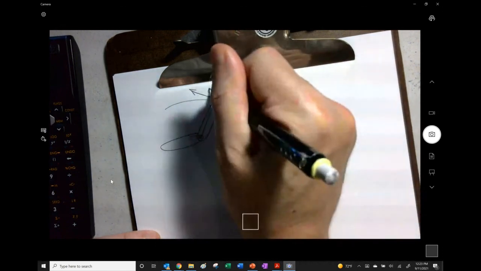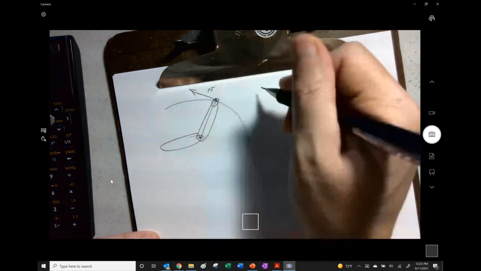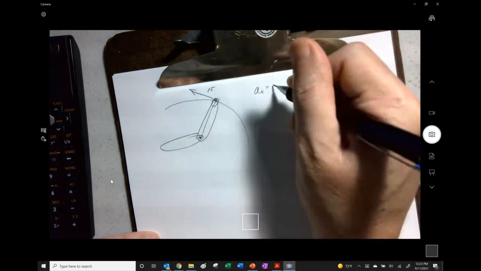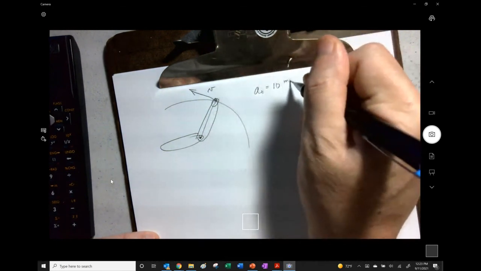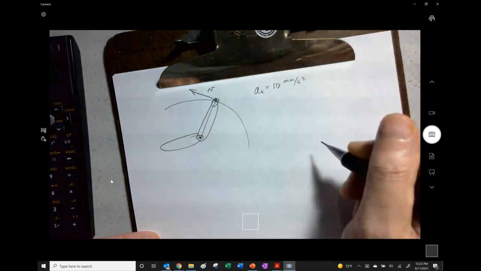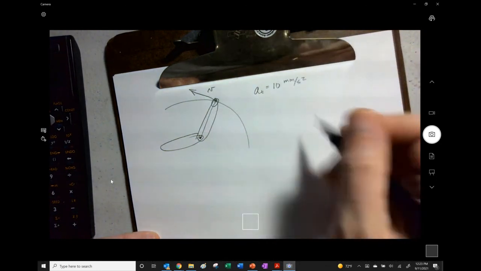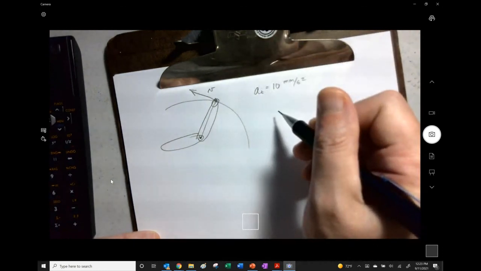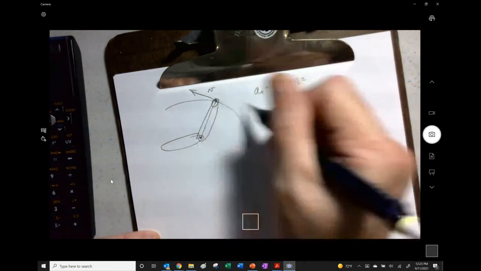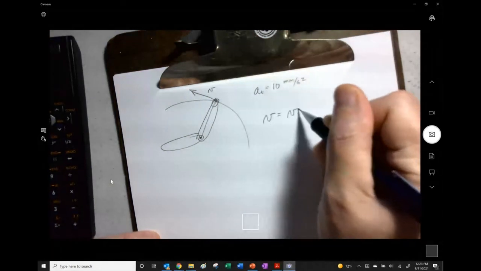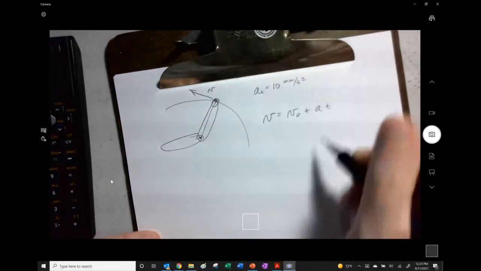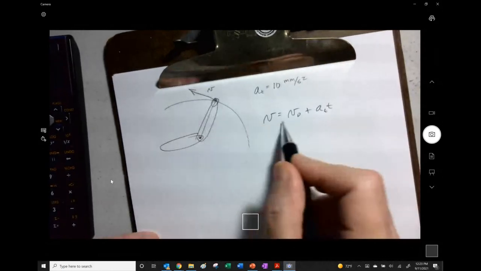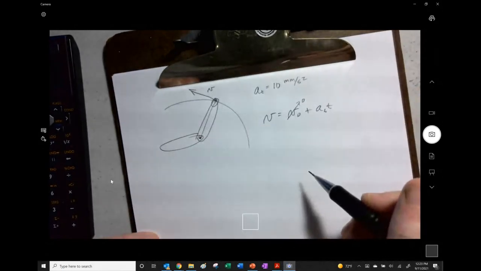So this is going to be the v, and the tangential acceleration is a constant, 10 millimeters per second squared. It starts from rest, so velocity equals the tangential acceleration times time, and we can find the velocity.